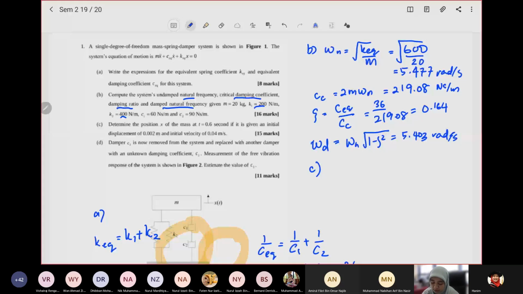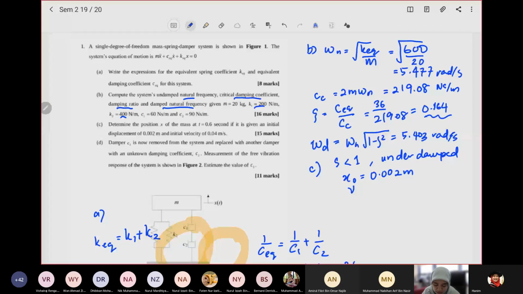equation. If you look at your underdamped equation, you have to compute your A. Because they already give you the initial displacement, your x naught. If you refer to your equation, it is also very important to take note that all the units will be in standard units.